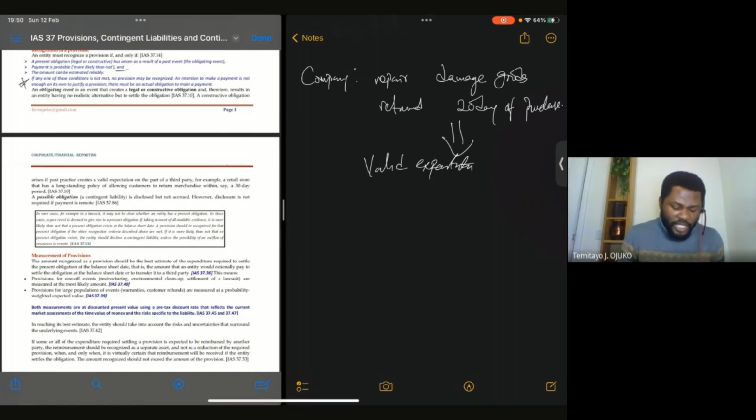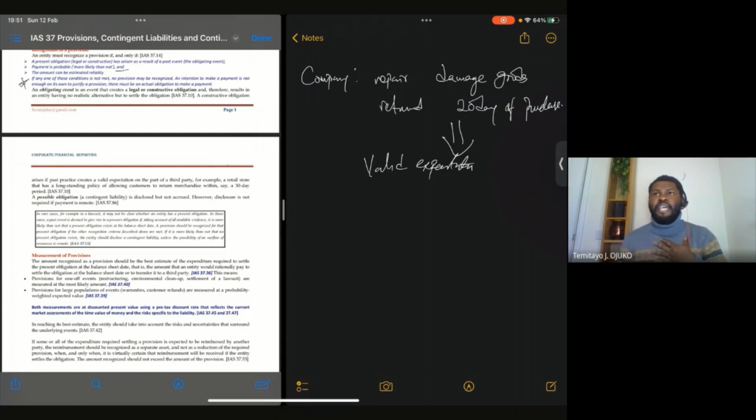Now, a possible obligation, I've already said that. For example, a retail store that has a long-standing policy of allowing customers to return merchandise within, say, a 30-day period, like I just explained. Now, a possible obligation, we've already explained this as well, is disclosed but not accrued.